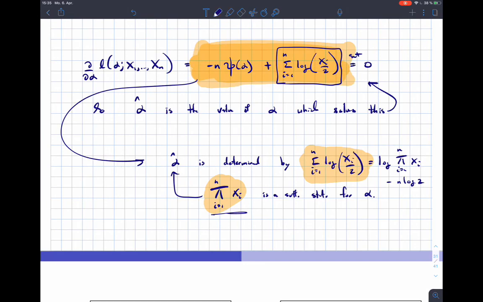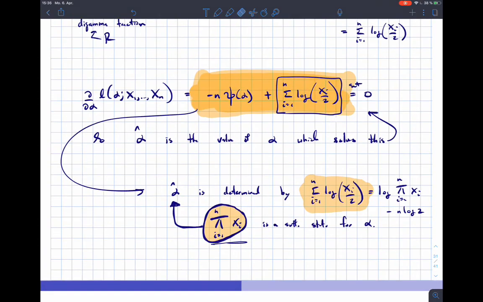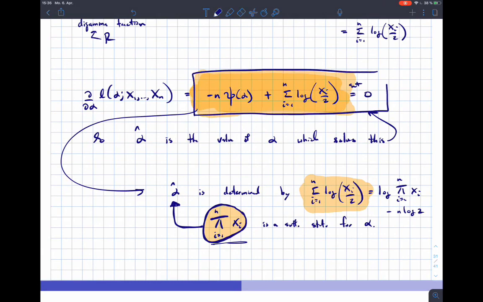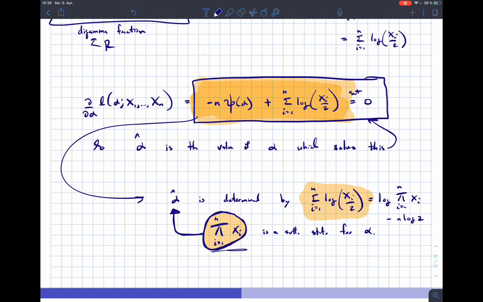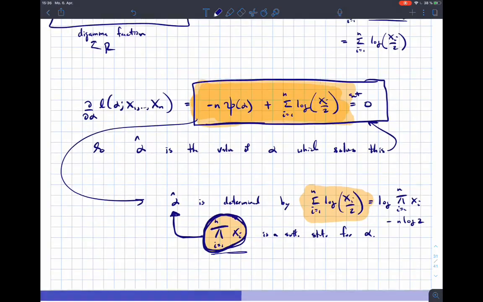I'm not able to tell you what the function is which takes the product of the xi's and turns it into the maximum likelihood estimator alpha hat, but it does it through this equation here. So we're going to go to the computer and show how we can find alpha hat, and we'll also check out how it's related to this sufficient statistic, which is the product of the xi's.